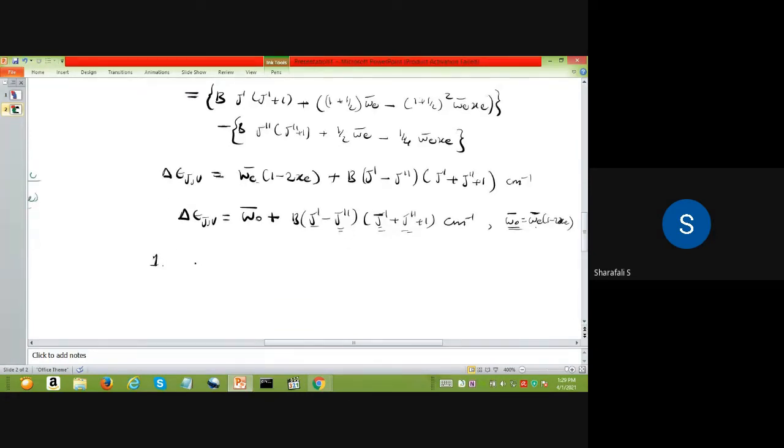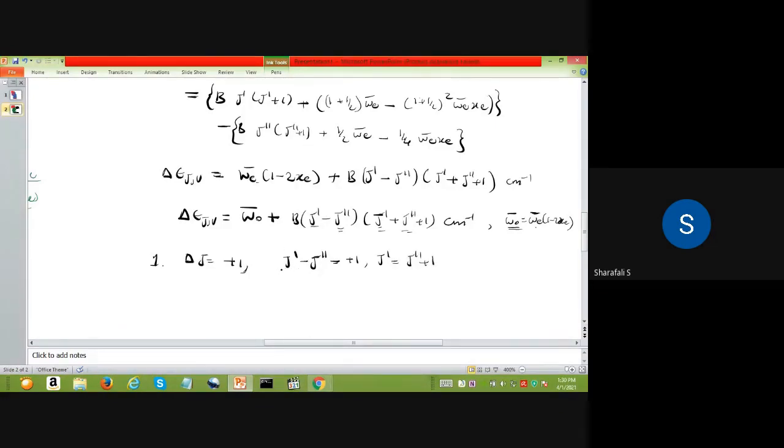First case is when your ΔJ is equal to plus 1. What does that mean? ΔJ means the difference between quantum numbers J' and J''. J' is the higher rotational quantum number minus J'', the lower rotational quantum number. So this will be equal to plus 1. With this we can also say J' is equal to J'' + 1.